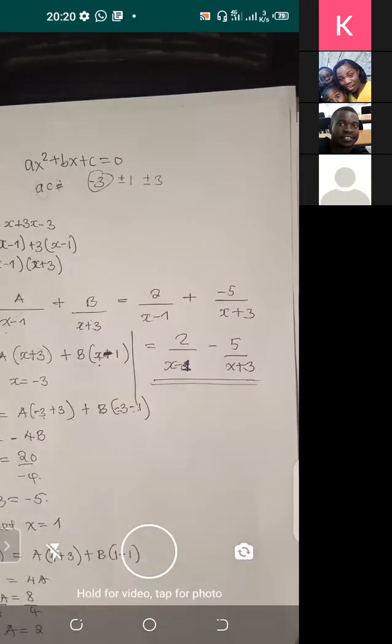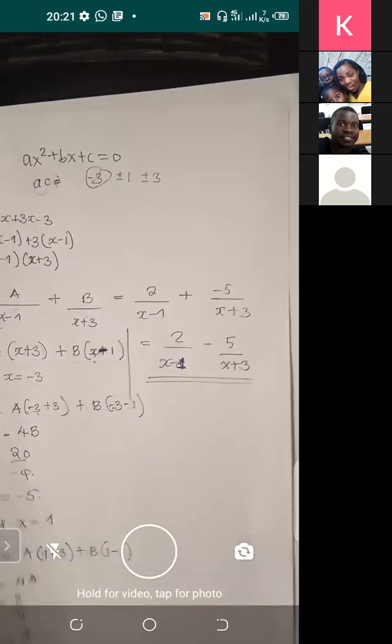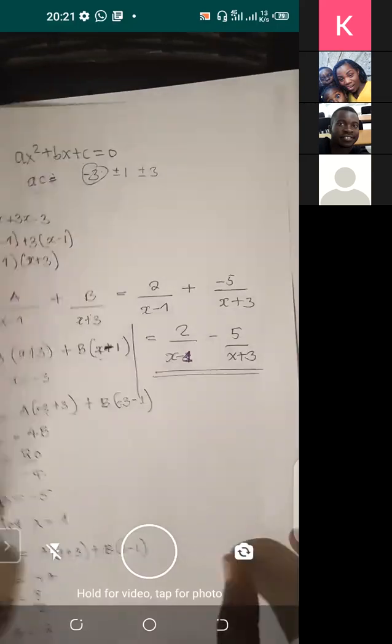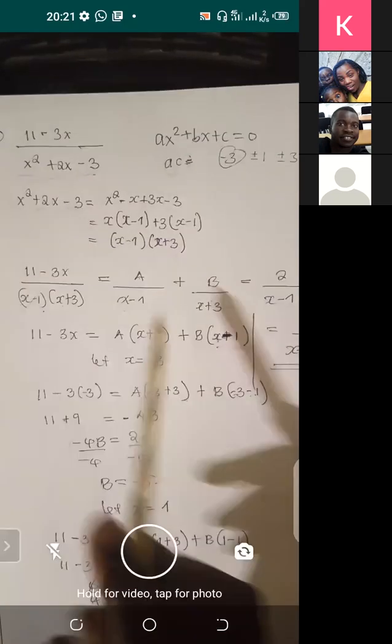Yeah, so let us look at our second example. Sam, how did you cancel 11 minus 3x over x minus 1 to 11x minus 3? Pierre, what's your question again?